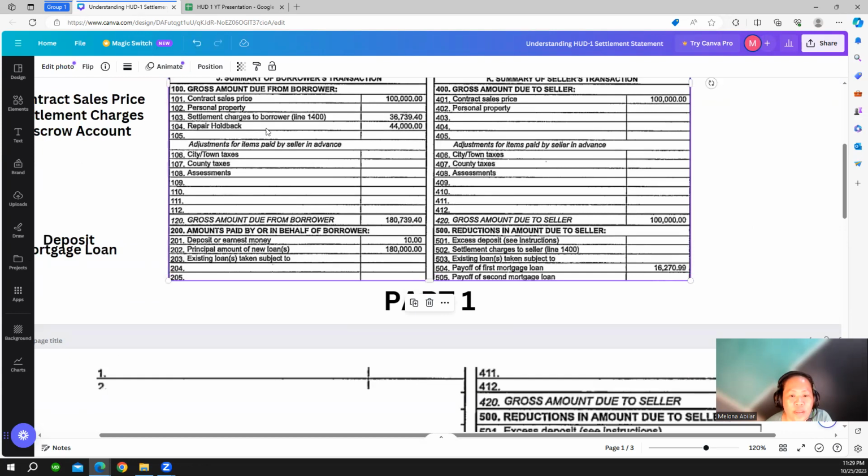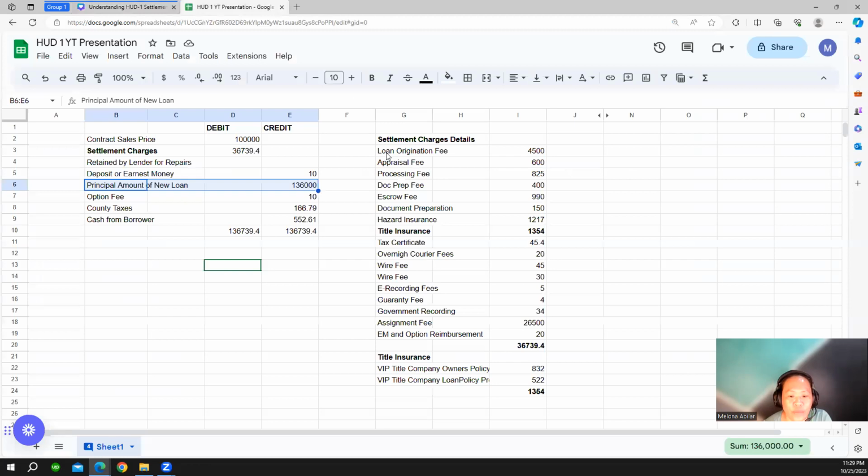That means this 44,000 is being held by your lender, so only the 136,000 was released to be part of the new loan. So we only put the 136,000 here.